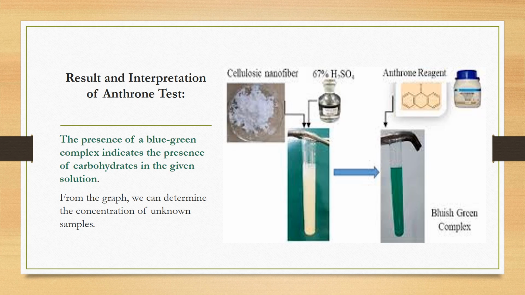So you can examine the concentration of each of these unknown samples by putting them in the spectrophotometer. In this picture, you can see the procedure. The sample here is cellulosic nanofiber, which is this white substance in the dish, and they also add sulfuric acid in the reagent.